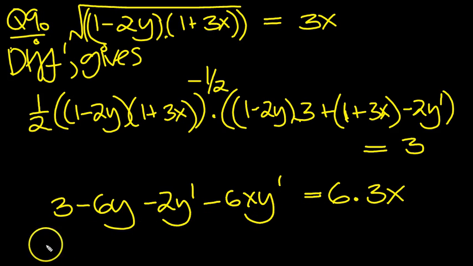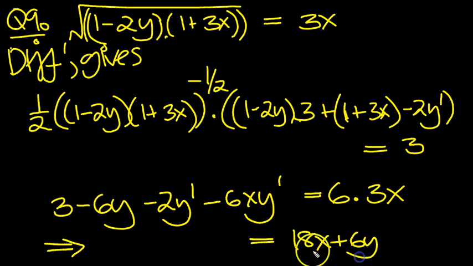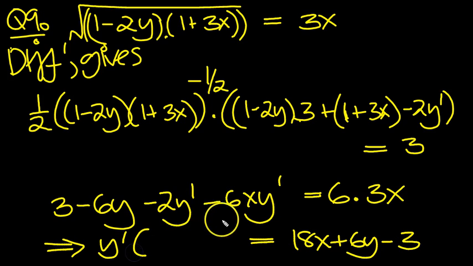Okay, so we now know. Let's just take the y dashed outside. Let's move these two terms over to be with this term. So we've got 18x plus 6y minus the 3, and that's equal to y dashed, bracket, and then we've got a minus here, so I'll put a minus there for now, and there's going to be 2 plus 6x.